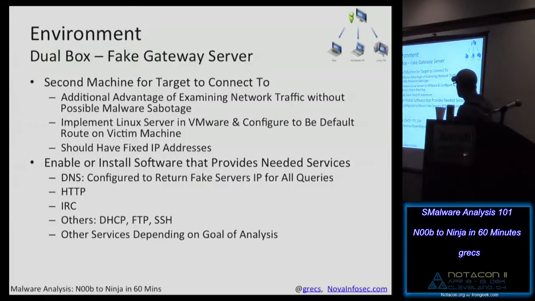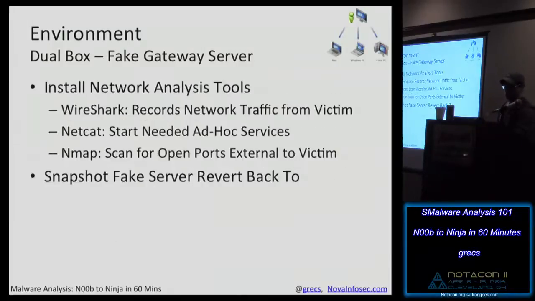Some of this can just be a Linux box, and you can install some of the different services you may need there, like DNS, HTTP, IRC. Just basic things like that. Then whenever you do your initial analysis of the malware, you can get a feel for it. If it looks like it's communicating on SSL, well, let me spin up the HTTPS daemon. And then other services, depending on what your goal is.